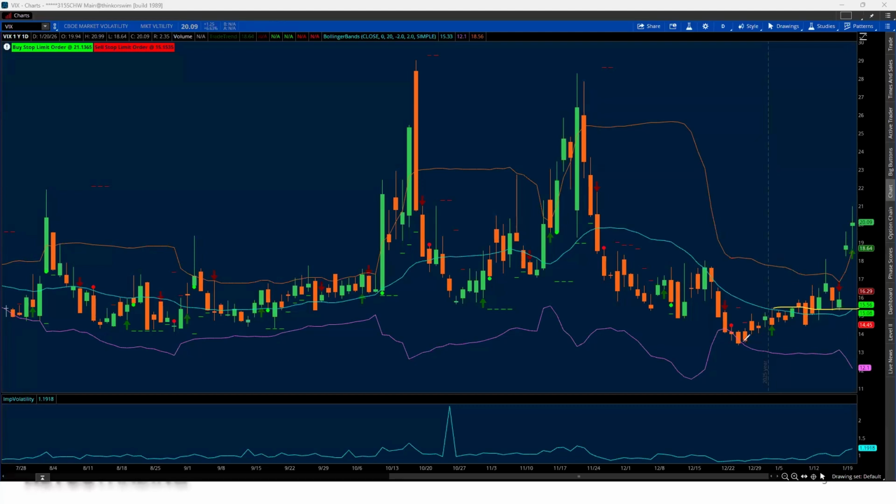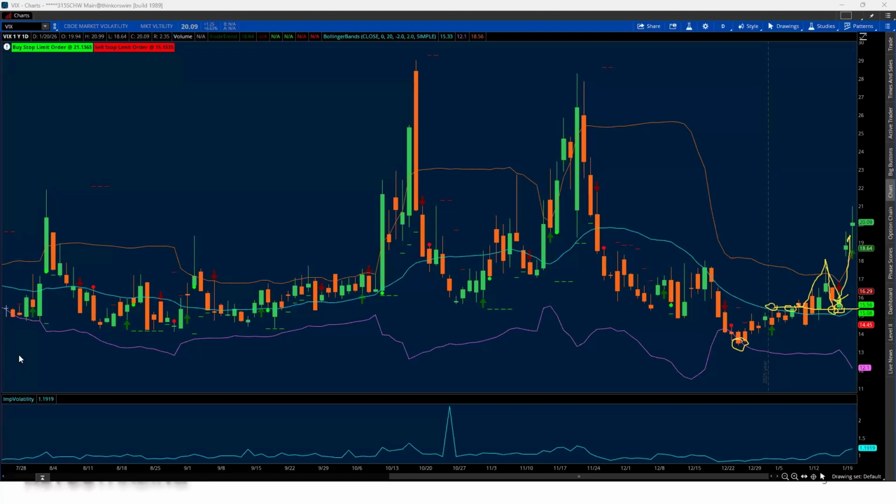You might make the argument it was back here, but that was a 52-week VIX low, and there was a significant spike there that pulled back. So you can see prior resistance here, then support turned support, and then the retest. I would consider that roughly the level where the spike started.